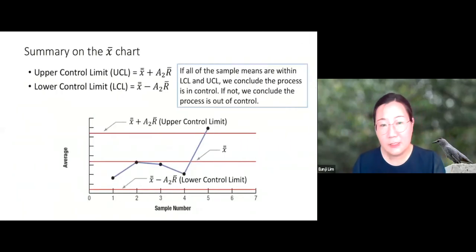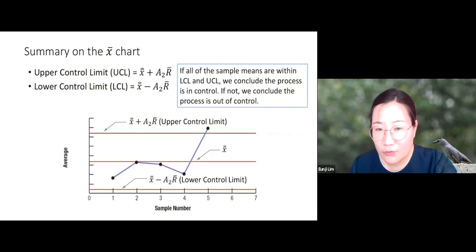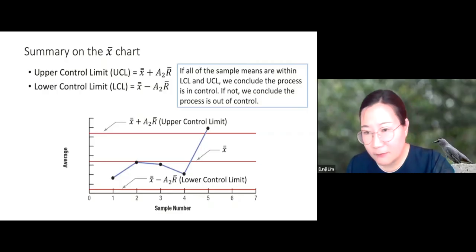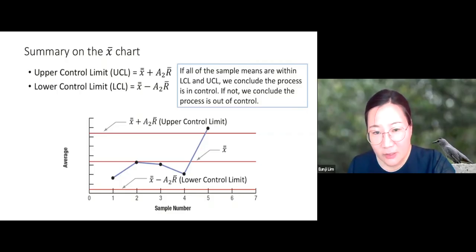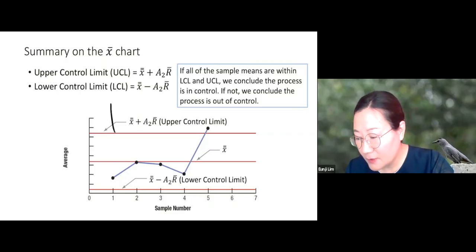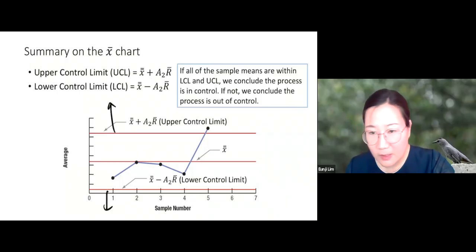So now we can ask the following question. How can we trust this chart all the time? The theory says 99.7% of the sample means are within the two limits. In other words, 0.3% of the times, the sample means are outside the limits, even if there's nothing wrong in the process.